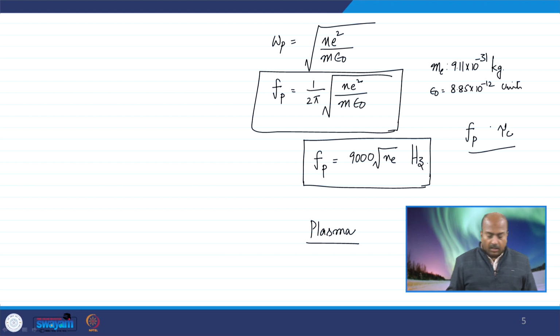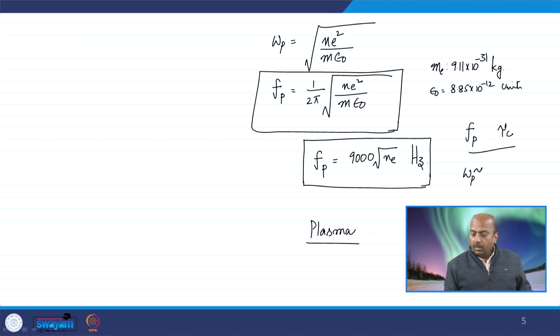You would expect that the characteristic frequency omega p, which represents the number of oscillations per unit time, and the time scale associated with collisions, the mean free time between two successive collisions, is much larger than the plasma oscillation period. Only then do you call that particular gas with enough charged particles a plasma.